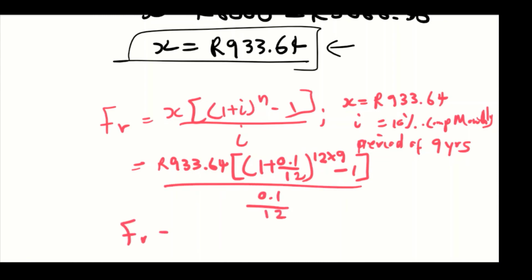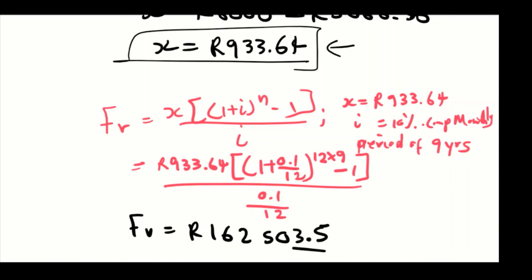So the future value that this extra amount of 933.64 will be, let me just write this properly, the future value is going to be equal to 162,503.5, right?